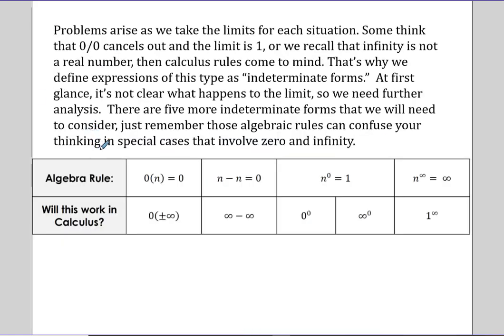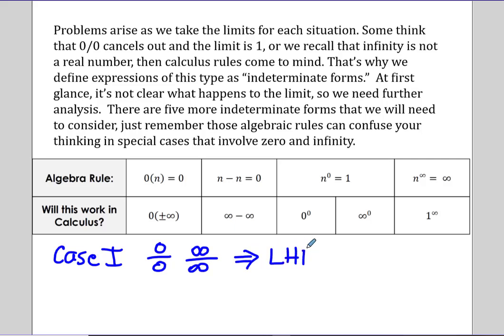But today we want to look at the other 5 cases, so we have 7 cases in all where we have indeterminate form. Like I said, case number 1 was 0 divided by 0 and infinity divided by infinity. We knew right away we could use L'Hopital's rule when we had that condition.